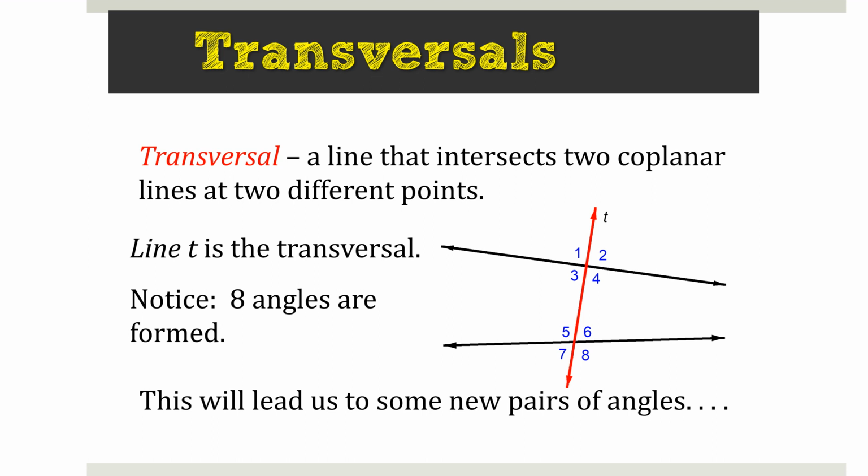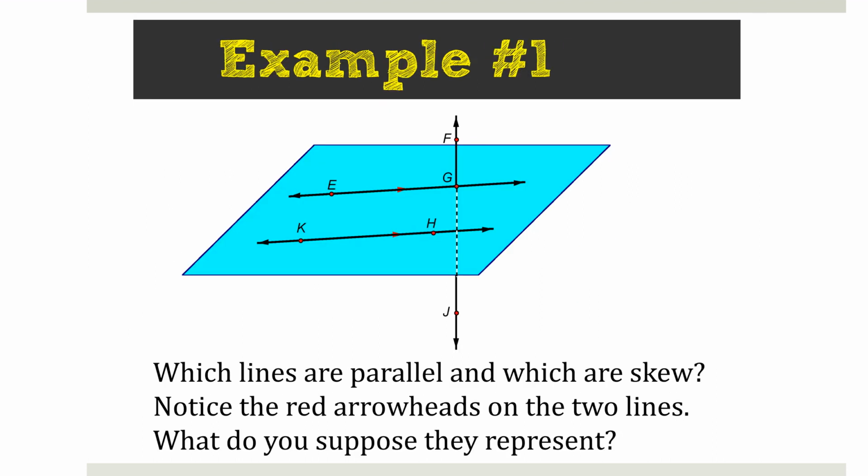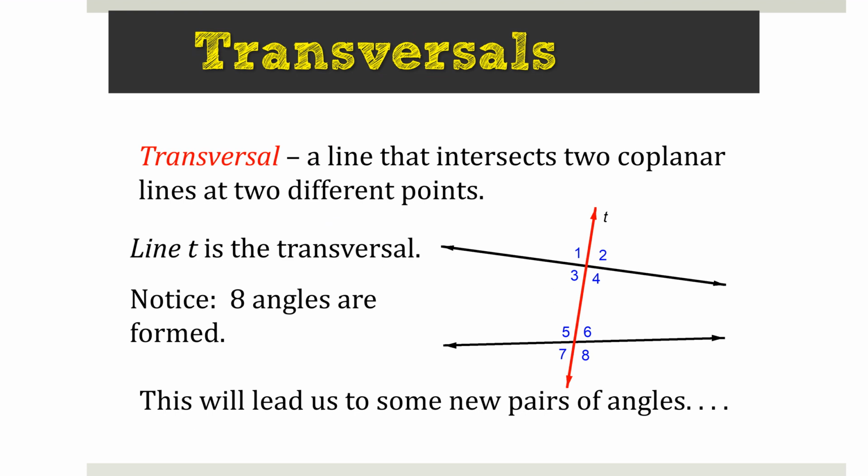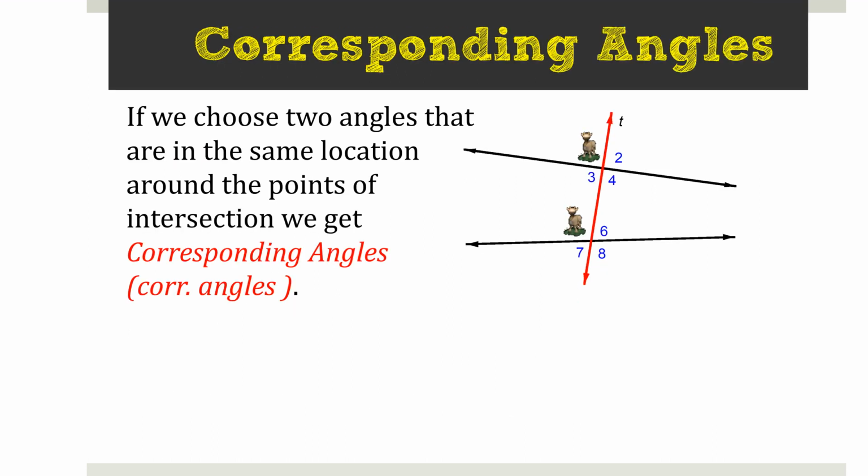We want to change it up a little bit. We're going to start pairing up one angle from the first point of intersection and one angle from around the other point of intersection. Okay? There's our first one.